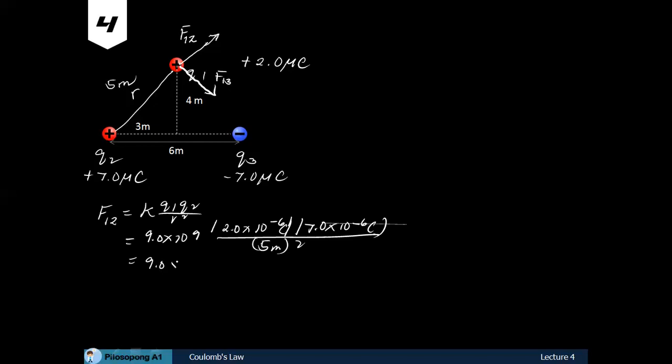You get a value of 14 on top: 14 times 10 raised to negative 12 over 2.5 times 10 raised to 1. Solving for this, we get 5.0 times 10 raised to negative 3 newtons.